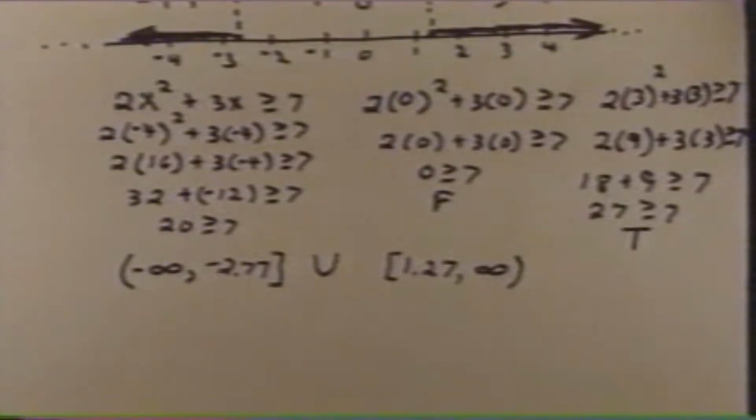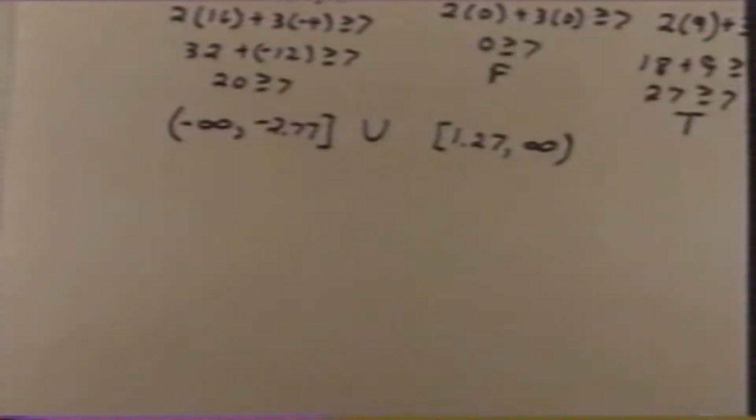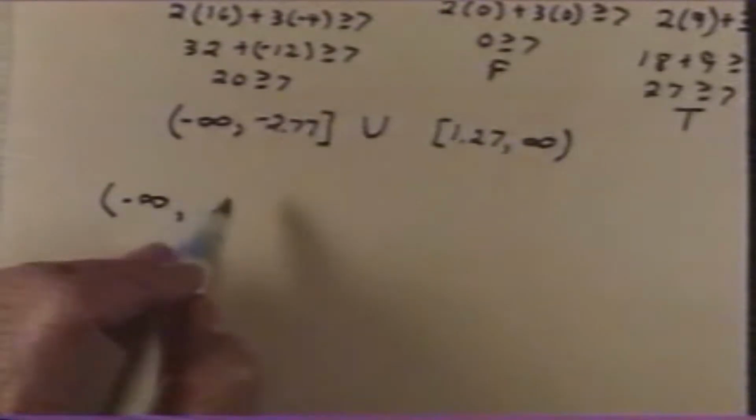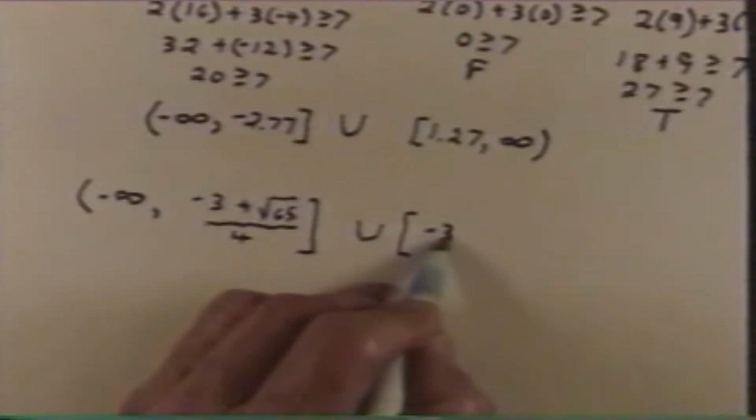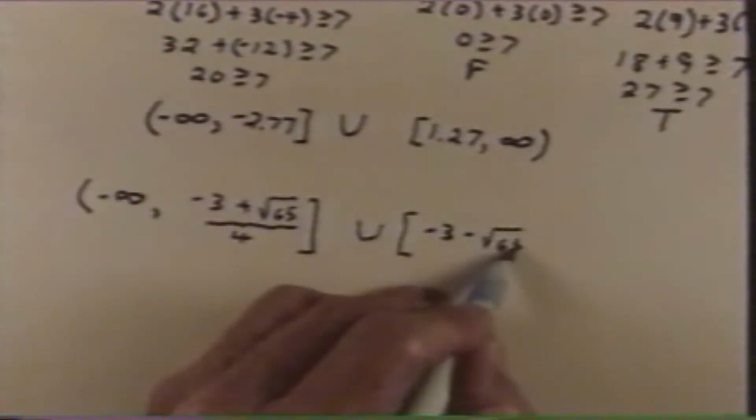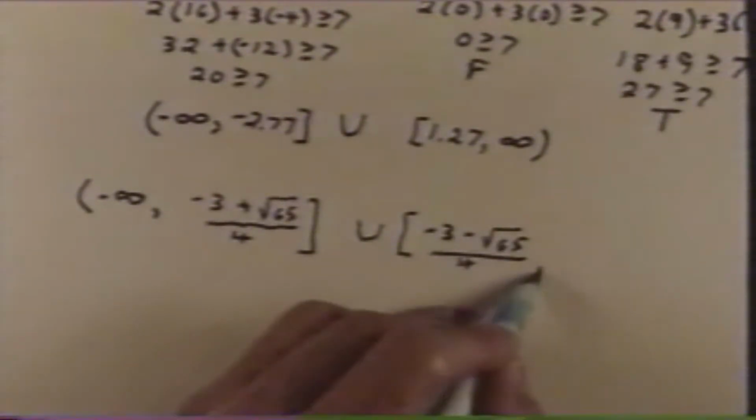Now this is not technically correct because I rounded these off. If we want the exact answer, then I would need to go back and use my radical, which I would write negative infinity up to negative 3 plus the square root of 65 over 4, include it, union, negative 3 subtract the square root of 65 over 4, and continue forever in the positive direction.